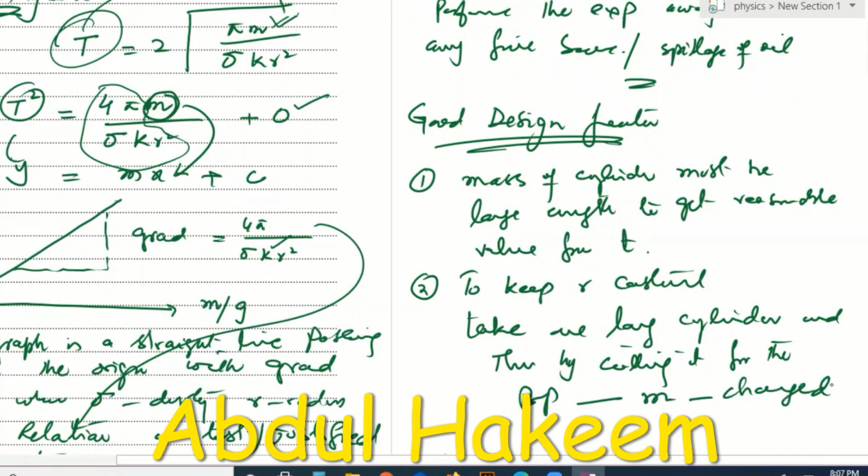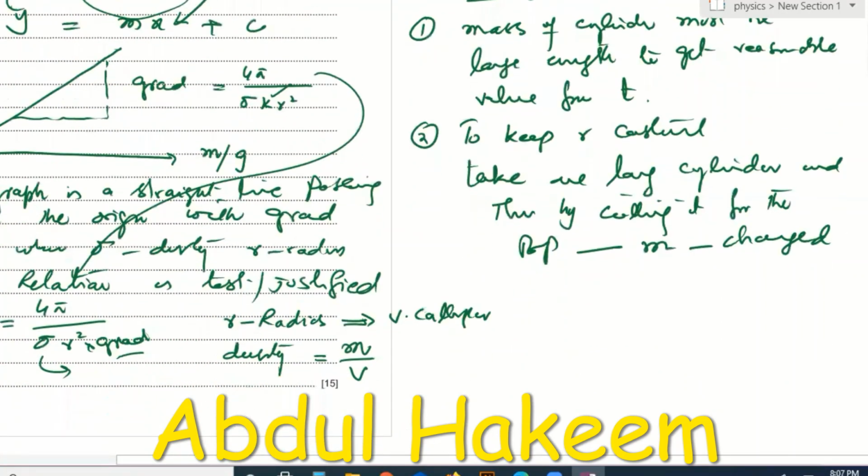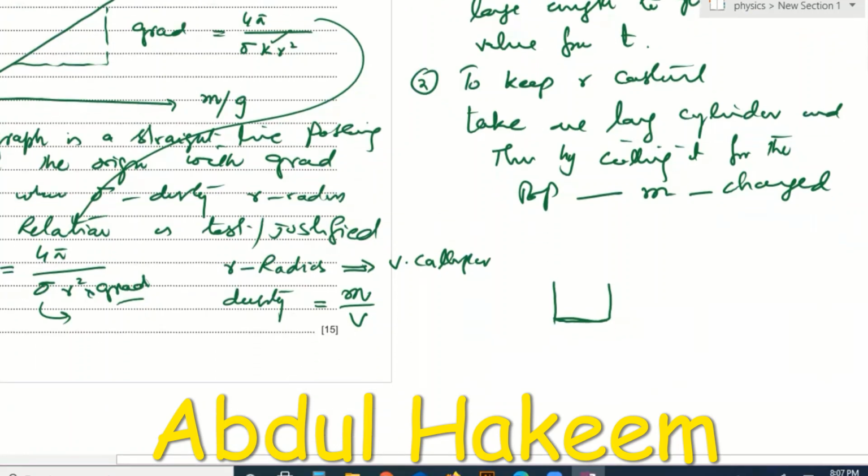So this method will keep the radius constant. For example, this is the cylinder, the radius is fixed. So first this height, then this one, then this one, this one. In this way we can change the mass keeping the R constant.